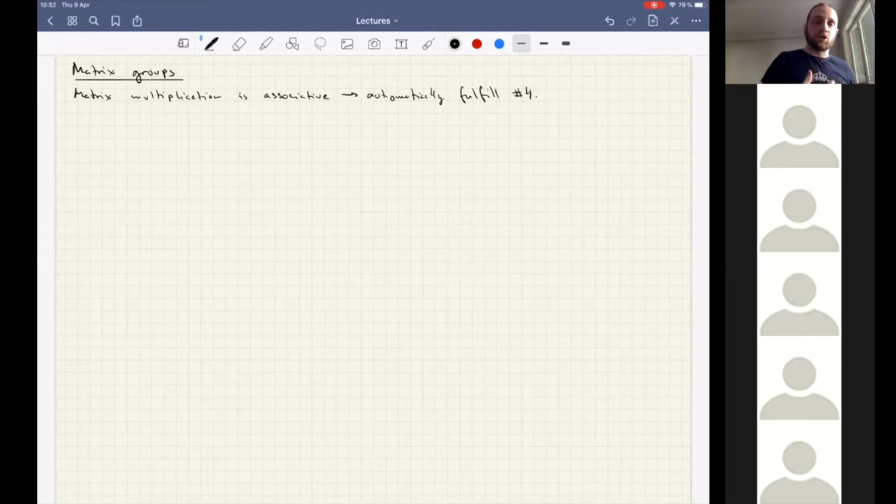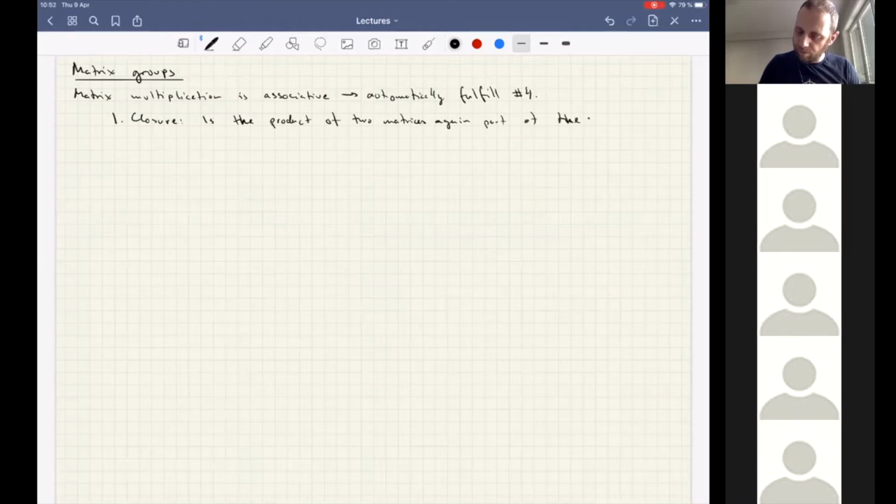So what we need to check, if we have a set of matrices, is the other 3. First of all, we need closure. If we take a set of matrices, is the product of 2 matrices again part of the set? The second is that we need to have an identity.